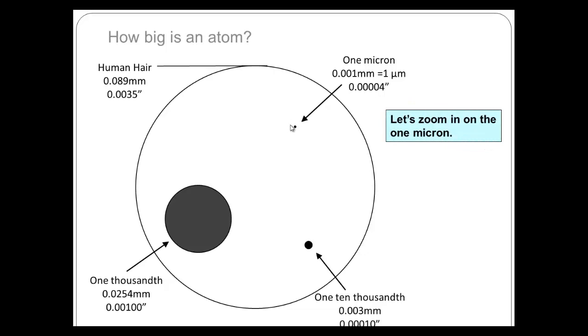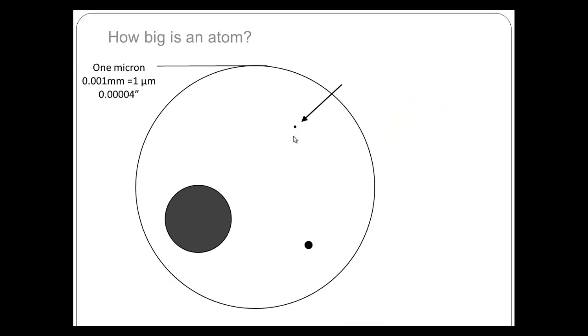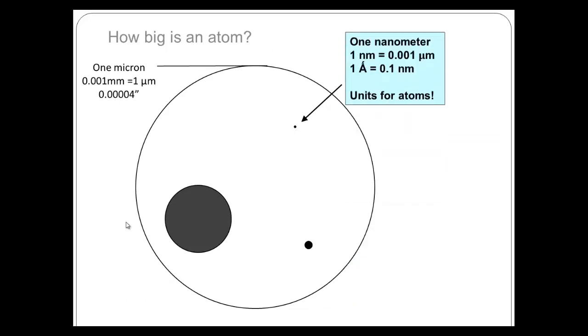If you actually zoom in on that 1 micron, you get again another circle here. And if you were to do the whole thing again, you get this little tiny dot. And that dot really is 1 nanometer. Okay, that represents 1 nanometer. And that's the unit we use for atoms. So you can already see it's significantly smaller than your single strand of hair.